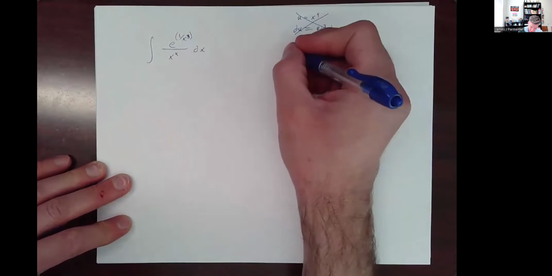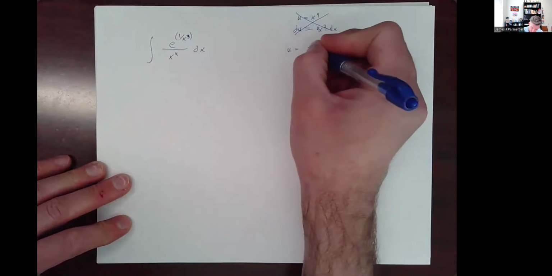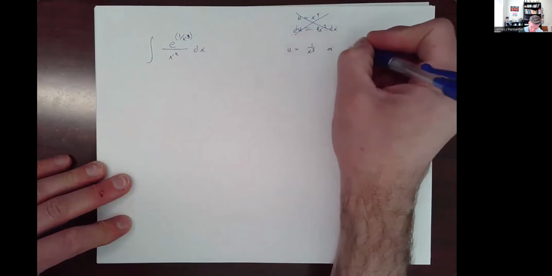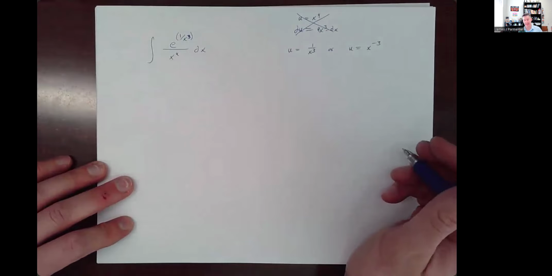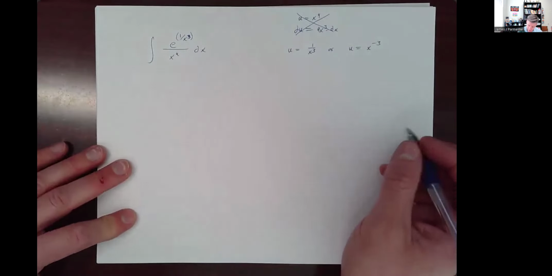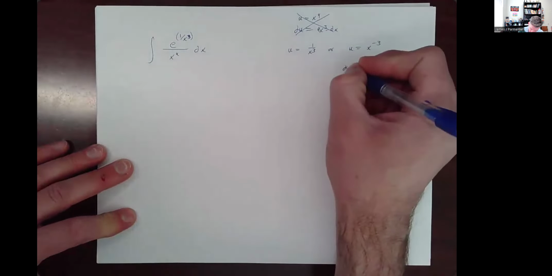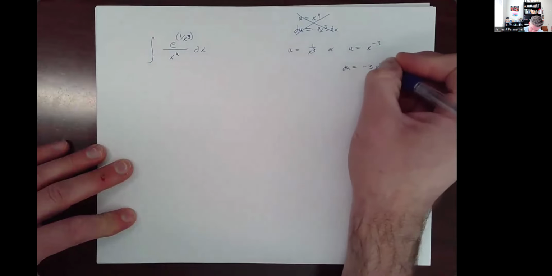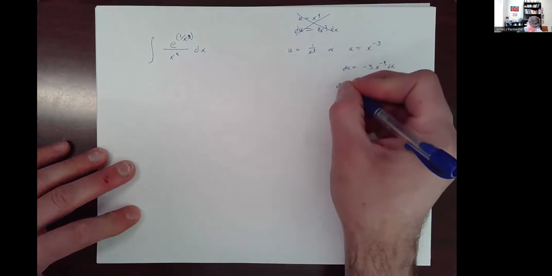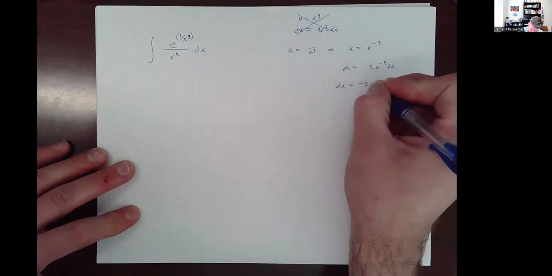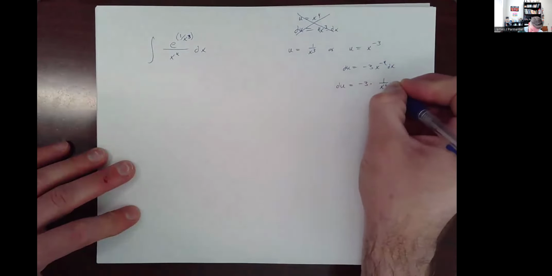The way to go is actually to let u equal 1 over x cubed, or as I would prefer to write it, u equal x to the negative 3rd. I prefer to write it like that so that I can more easily take the derivative. My du is going to be negative 3x to the negative 4th dx. Or more conveniently written, my du is negative 3 times 1 over x to the 4th times dx.